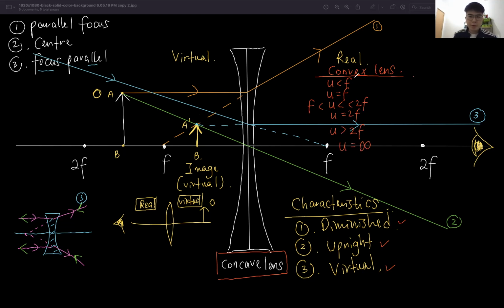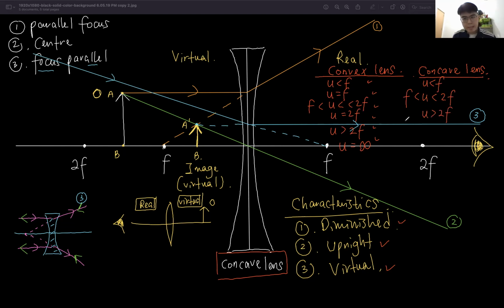How many diagrams for a convex? 1, 2, 3, 4, 5, 6. You should have 6 ray diagrams for a convex lens. For a concave lens, I only want you to draw 3: u less than f, u between f and 2f, and u bigger than 2f.